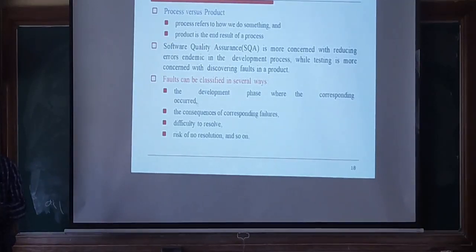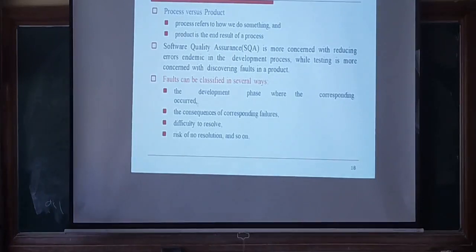But testing is more product oriented, because we identify how good the product is by using testing. We try to identify the faults and defects in the product so that we get a good product, and that is done through testing. So testing is basically product oriented.